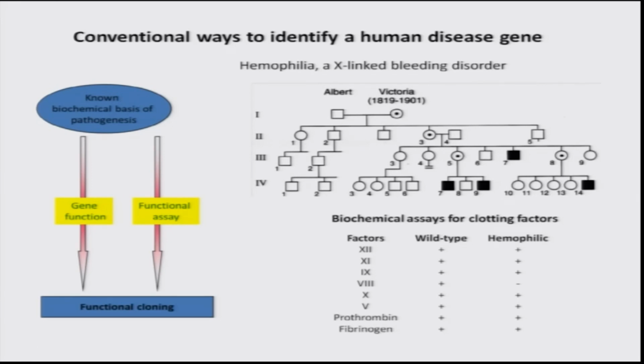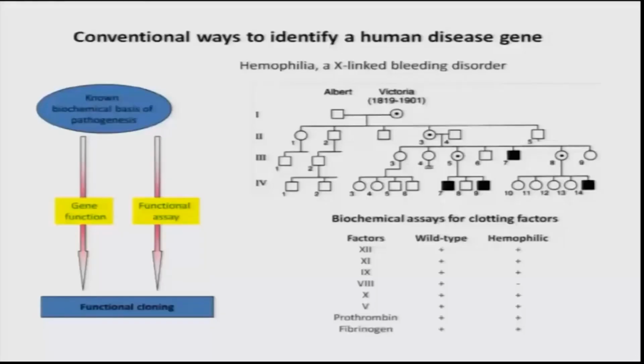It is known that we have a large number of factors, proteins, in your blood, which upon activation, for example, when they come in contact with air, oxygen or atmosphere because of an injury, set in a cascade which results in the blood clotting. There are many different factors that are listed here on the left side of the screen. These are the factors that are involved in blood clotting.